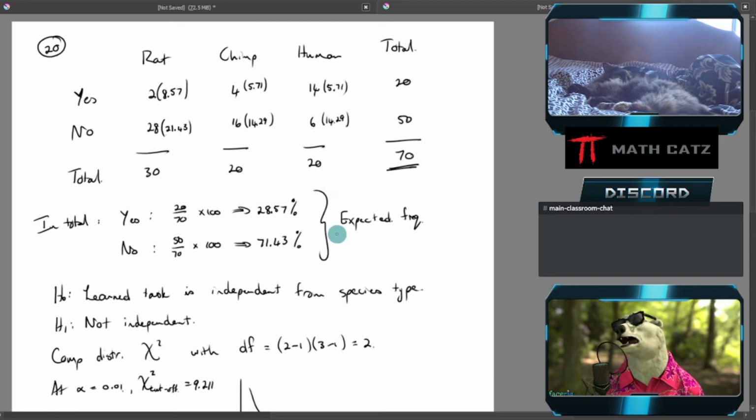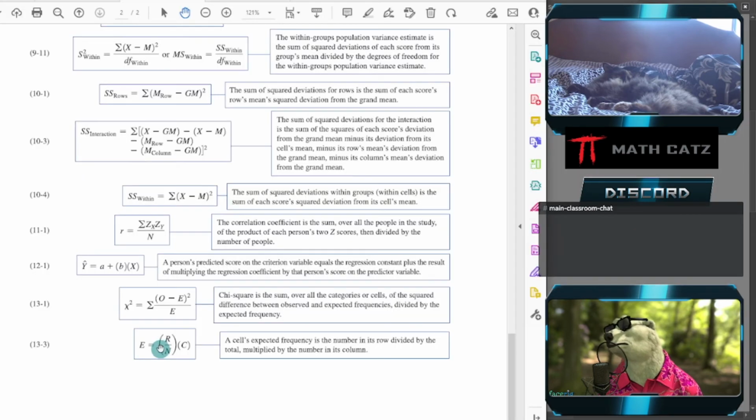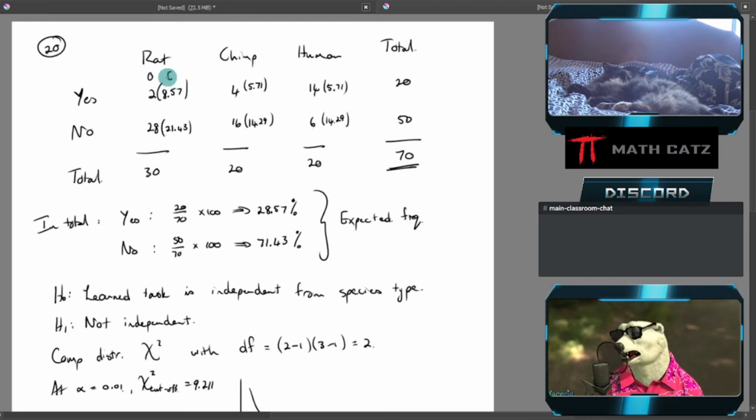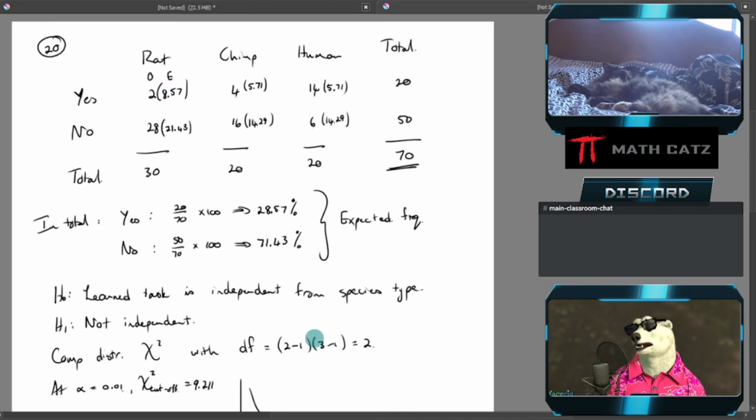So now our chi-squared statistic again comes from this formula. I just have 6 of them. So I'm going to take the observed. This is the observed. This is the expected. I'm going to take the difference, square it, and divide by the expected.